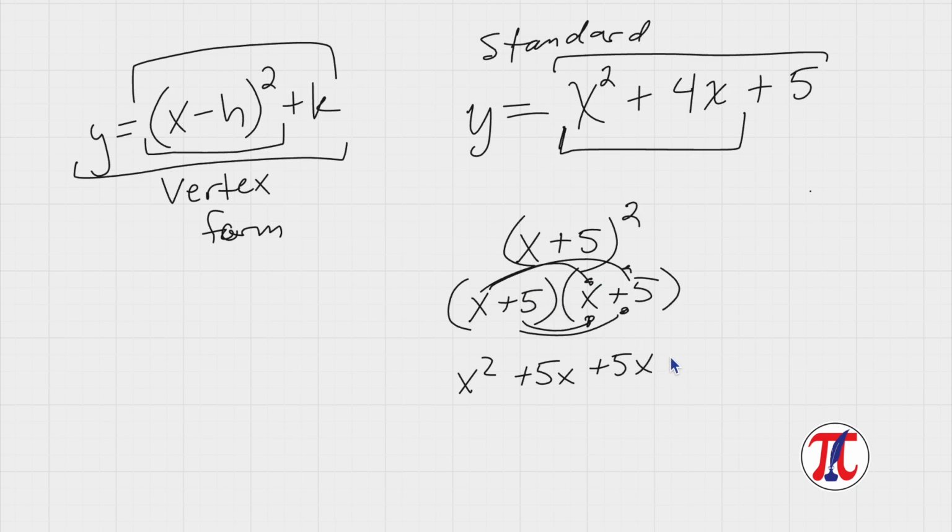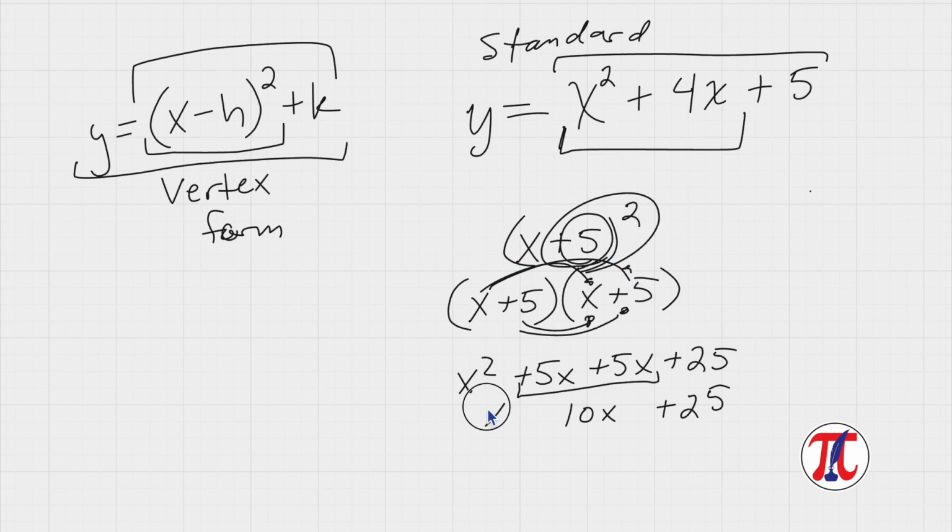And 5 times 5 is 25. So notice my new b value is going to be 10x, which is double what I had in the parentheses, and my new c term here is 25, which was 5 squared. And then here I still have x squared. So this is equal to x squared plus 10x plus 25.